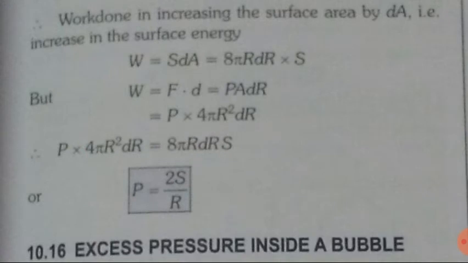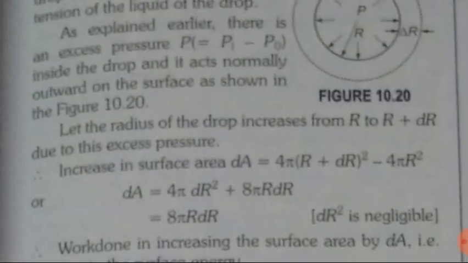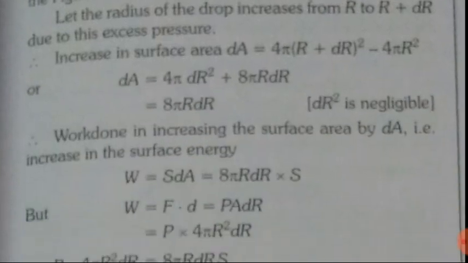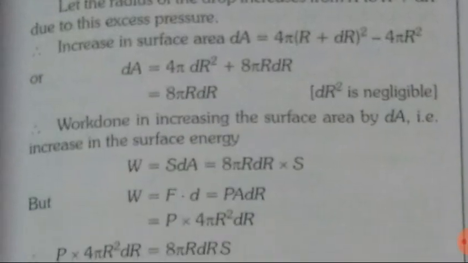I hope this whole derivation is clear to you. In this derivation, we first assumed that inside the liquid the pressure is P and the radius is R. Because of this pressure, the radius has increased. The pressure works normally in all directions, that's why the radius has increased by dr, and the new radius is R plus dr. Then we found the increase in surface area, which is final surface area minus initial surface area.